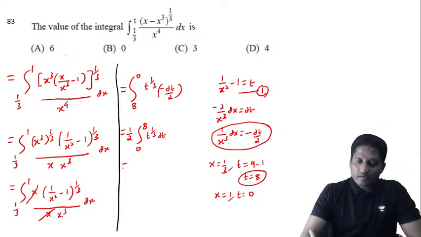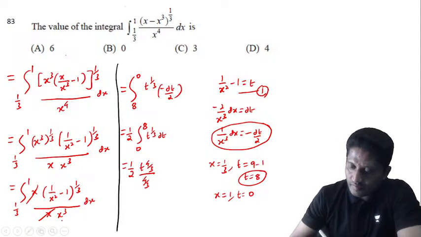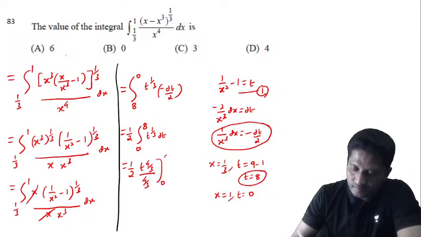So this is 1 by 2, t power 1 by 3 integrates to t power 4 by 3 by 4 by 3. Okay, when x is equal to 1, t should be equal to 0 only. So between the limits 0 to 8, this is 3 by 8. Upper limit is 8 to the power of 4 by 3, lower limit is 0.